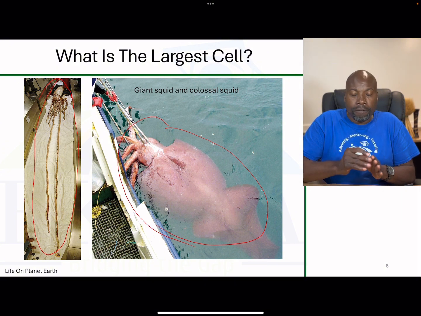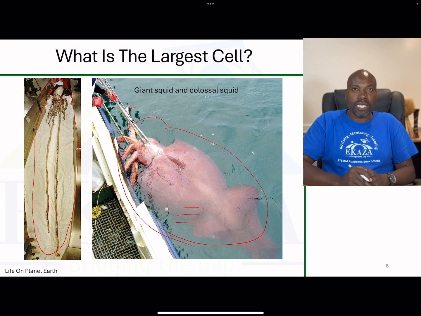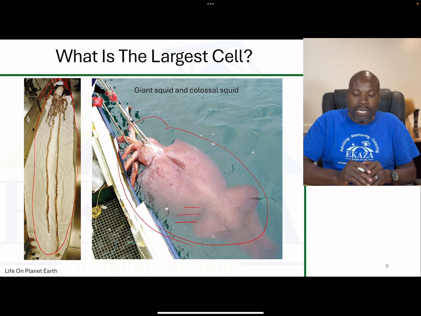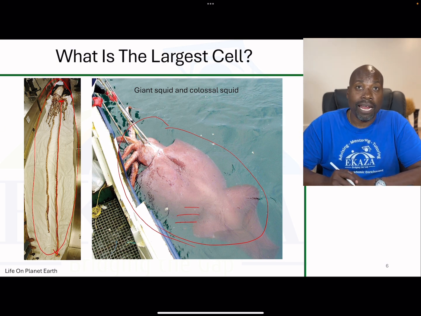Now, think of the nerve cells in this organism, this squid, right? These nerve cells that expand from, say, this part of the body to the very extremity of the body here, that cell has to be huge, right?